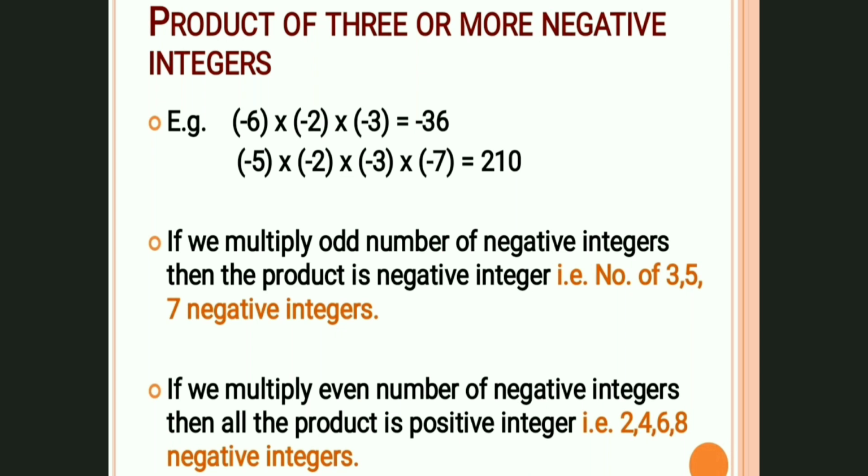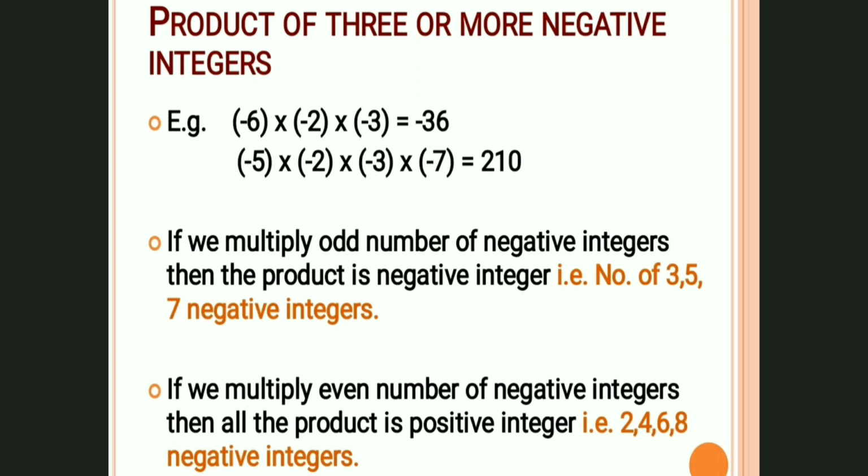Here you can observe that in the first example we multiplied three negative integers. In the second example I multiplied four negative integers. So when we multiply an odd number of negative integers, such as 3, 5, 7, the product is a negative integer.